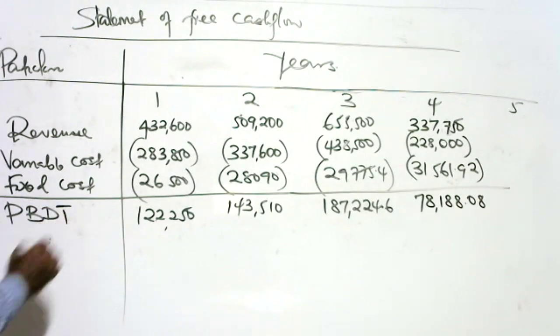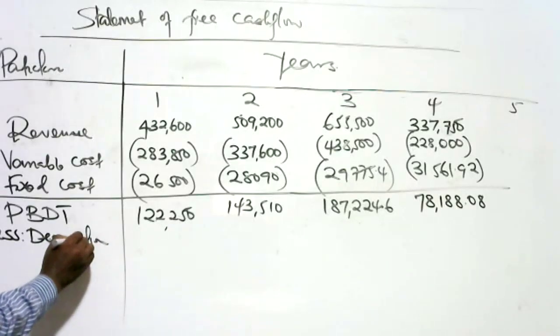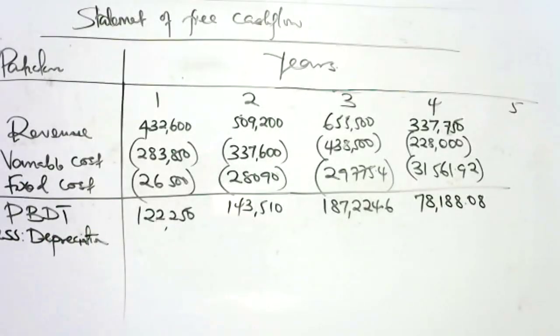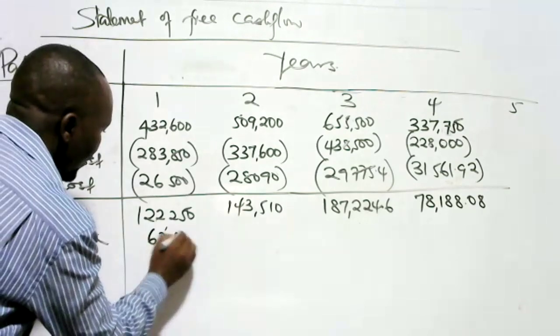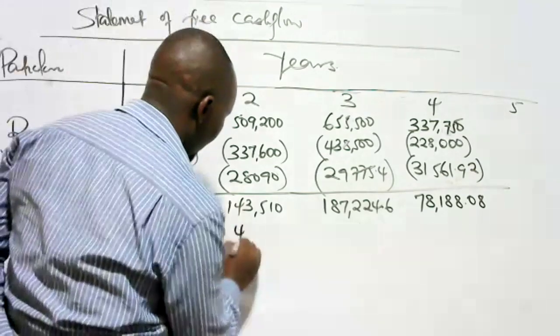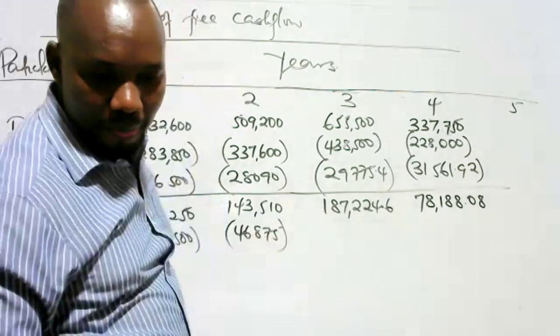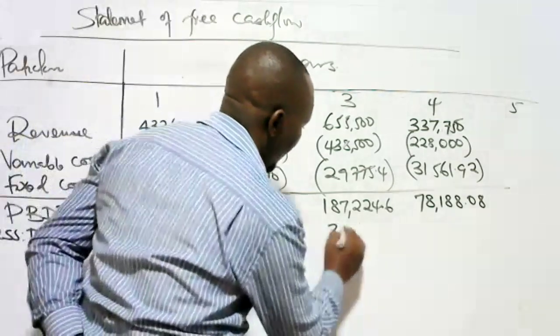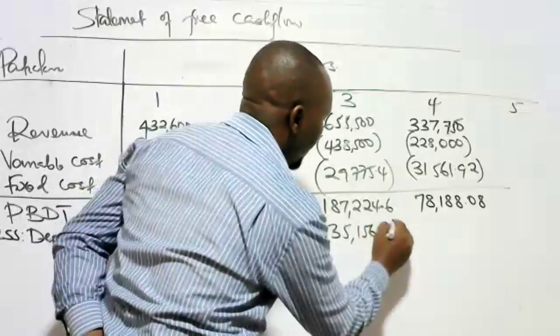Now, it was before depreciation and tax. So the first thing is to remove depreciation, so less depreciation. Depreciation was, first year, 62,500. The second year was 46,875. The third year was 35,156.25.